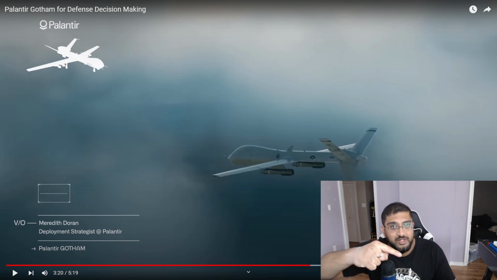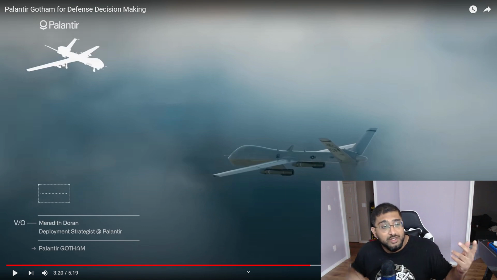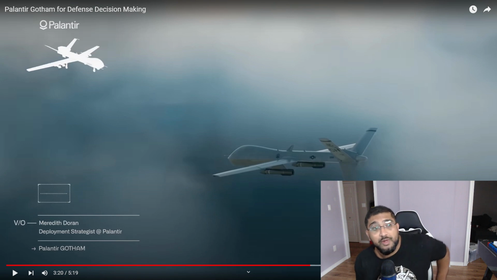Then that gives the instructions to the actual unit, the plane itself, and it has to take the information, acknowledge it, and send back an acknowledgement. All of this is happening within probably under a few minutes, really, right? At least that's what it seems like in this demo.